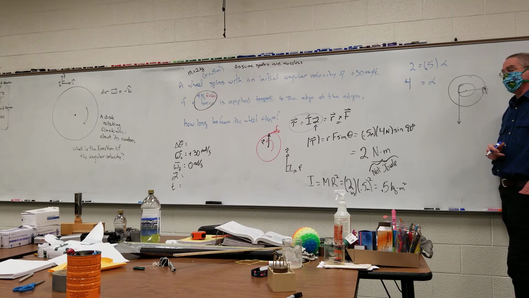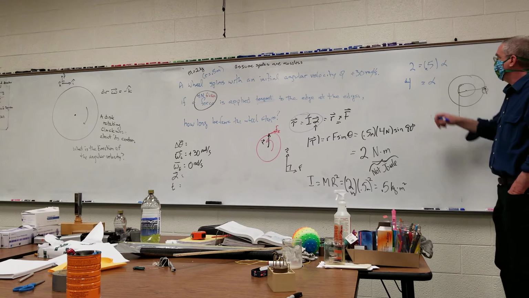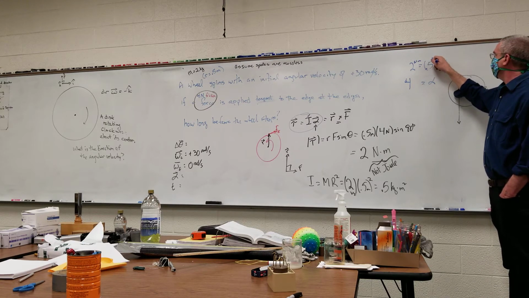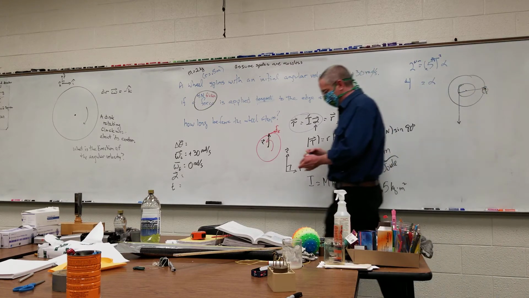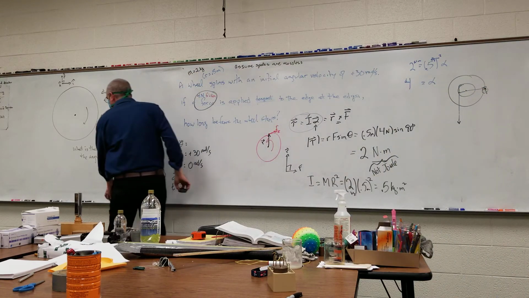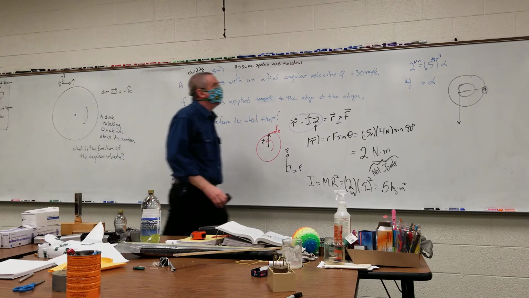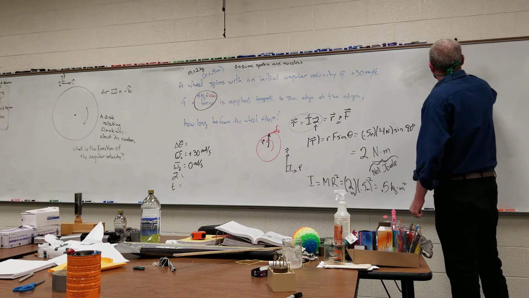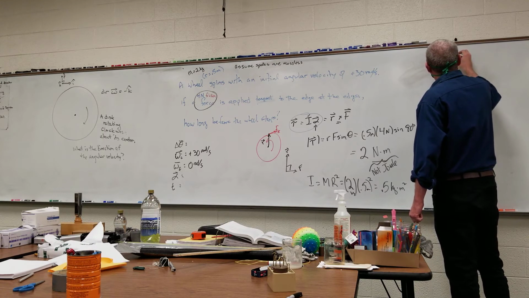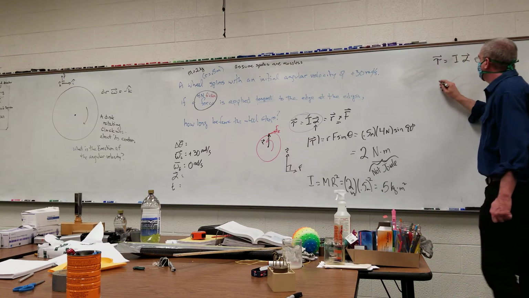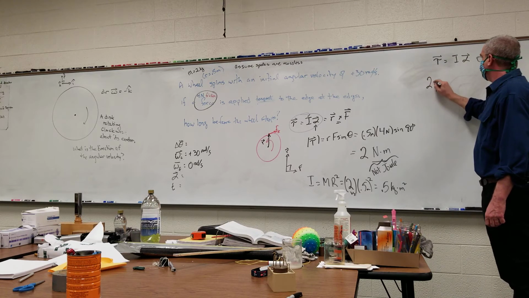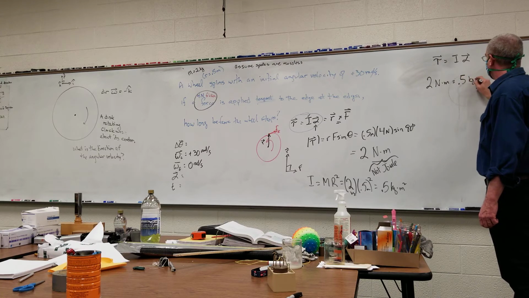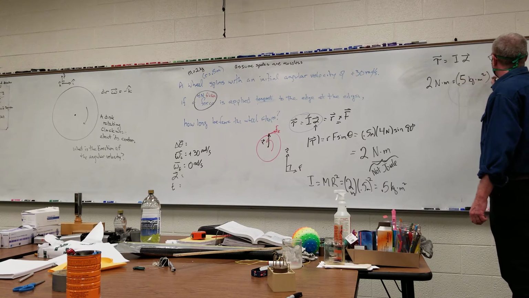Now obviously I've ignored units here. That's 2 Newton meters, that's 0.5 kilogram meters squared. Let's write that out so it can actually be a little bit more legible. Torque is equal to I alpha. So I have 2 Newton meters is equal to 0.5 kilogram meters squared times alpha.